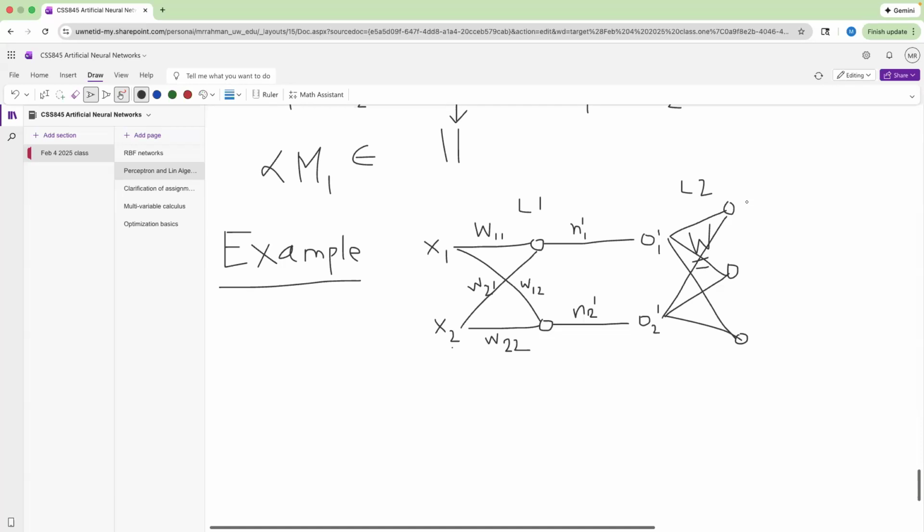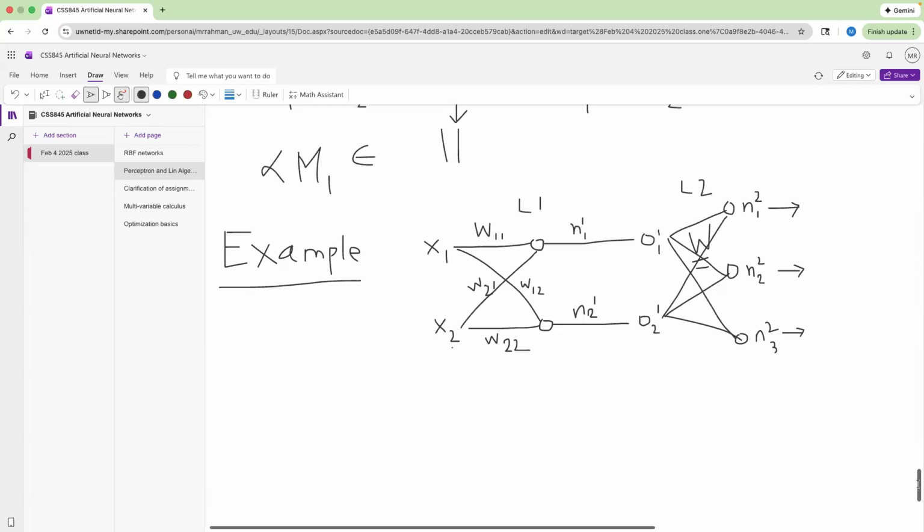In this case I'm going to call this N12 because this is a layer 2 neuron. This is the second neuron in layer 2, N22, and this is the third neuron in layer 2. And this again gets computed into output vectors.